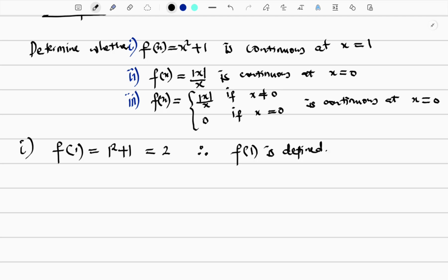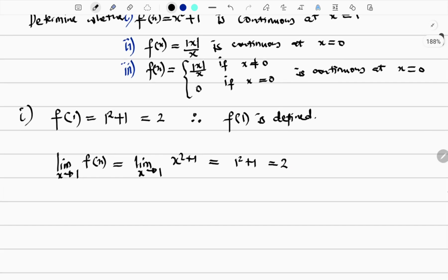Then, the second stage is to prove whether the limit exists at x equal to 1. So the limit as x approaches 1 of f of x is equal to the limit as x approaches 1 of x squared plus 1, which is equal to just 1 squared plus 1, which is equal to 2.